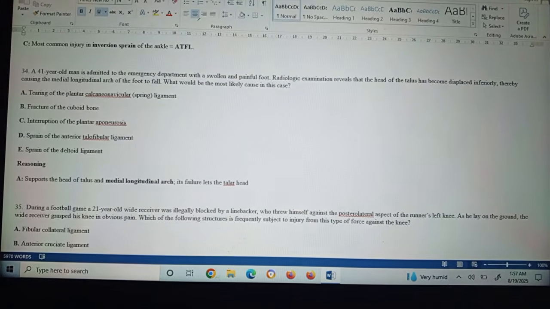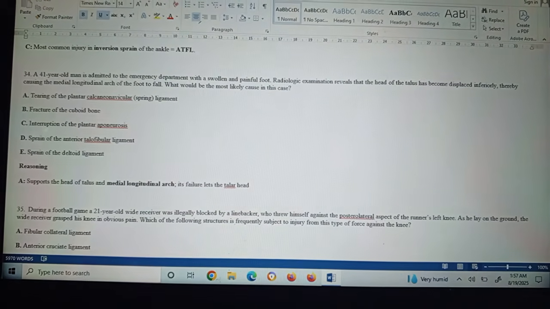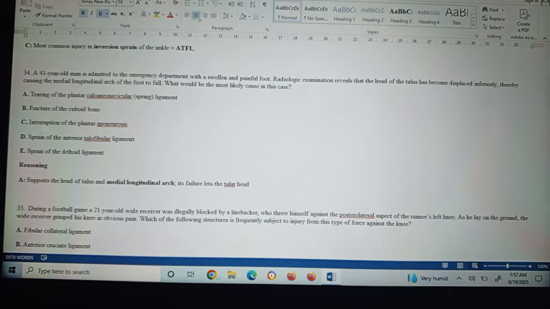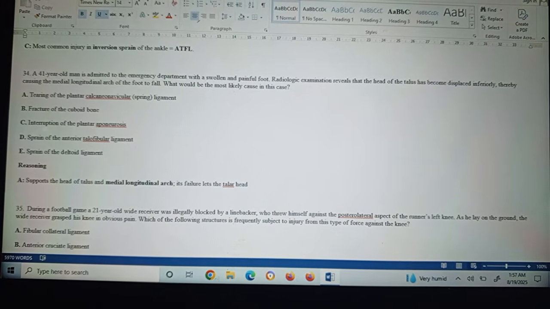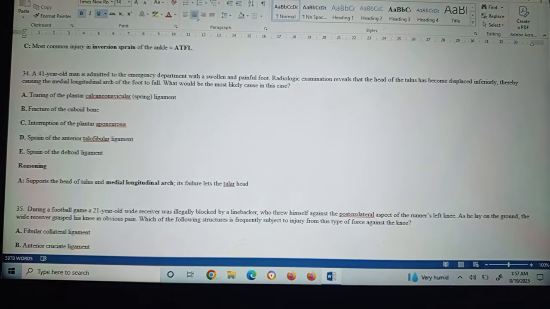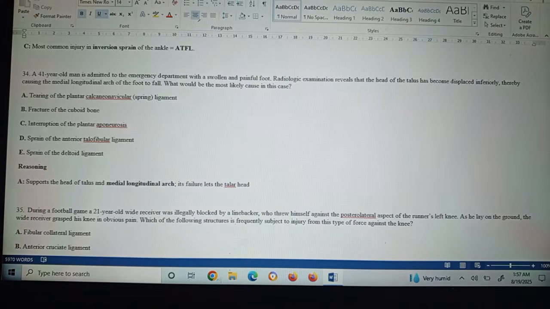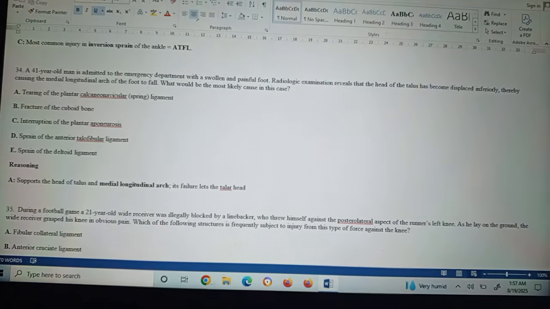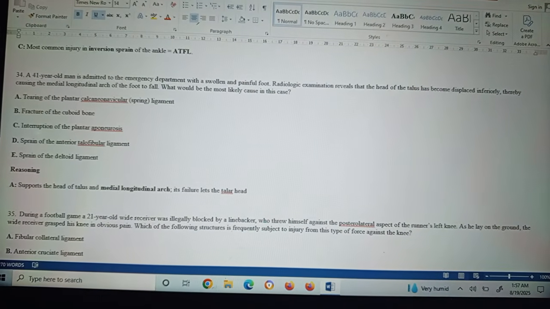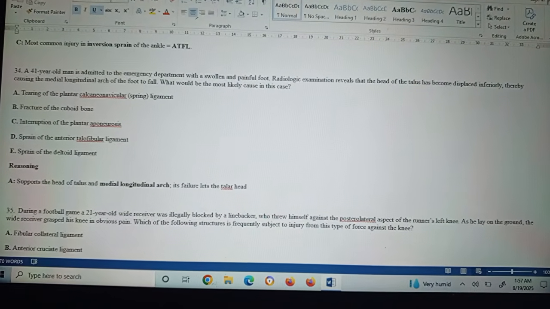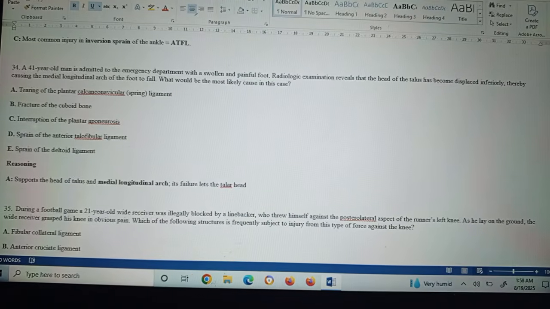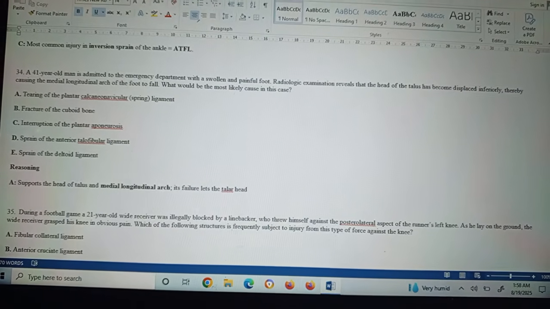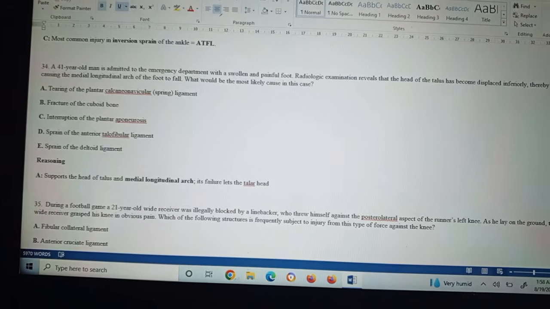Tearing of the plantar calcaneonavicular or spring ligament, fracture of the cuboid bone, interruption of the plantar aponeurosis, sprain of the anterior talofibular ligament, sprain of the deltoid ligament. The answer is A, that supports the head of the talus and medial longitudinal arch. Its failure lets the talar head drop.